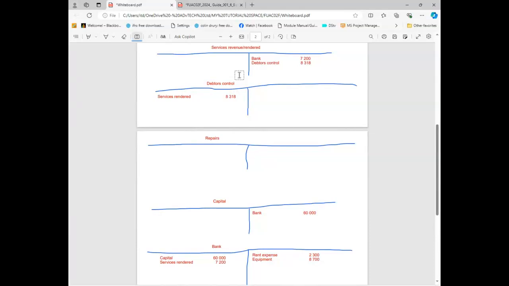And then obviously, under which side of repairs? Debit, sir. On the debit side, I'm going to write creditors control. How much is it? 1,000. Yes, sir, it is 1,000. No problem. And we go to the creditors.